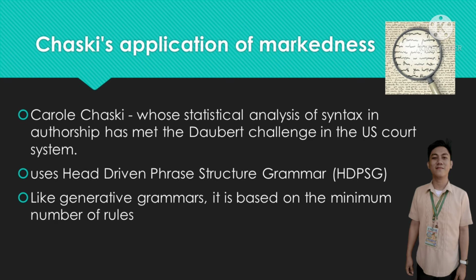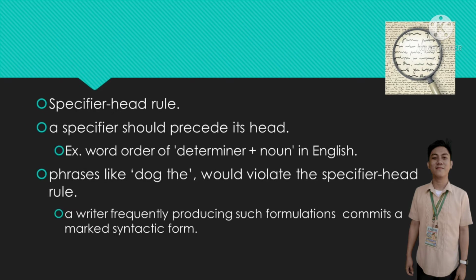This is Chaski's application of markedness. The first linguist to consider markedness in terms of authorship systematically was Carol Chaski, whose statistical analysis of syntax in authorship has met the Daubert challenge in the US court system. She uses head-driven phrase structure grammar as a model. Like all generative grammars, it is based on the minimum number of rules. One of them is known as the specifier head rule.